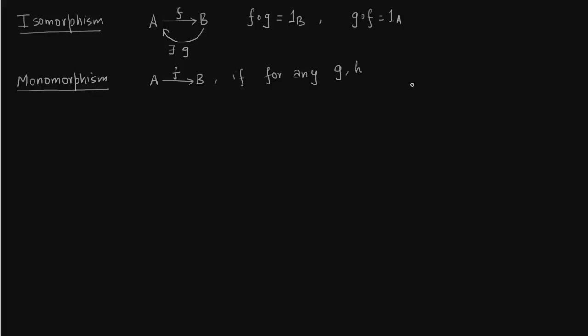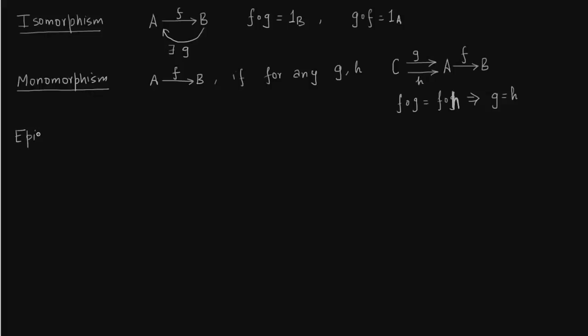So you have these any G, H which take C to A. And we have an arrow F from A to B. So if F naught G equals F naught H holds, then it implies G is equal to H. So in some sense, F is a monomorphism if there is a left cancellation of arrows.